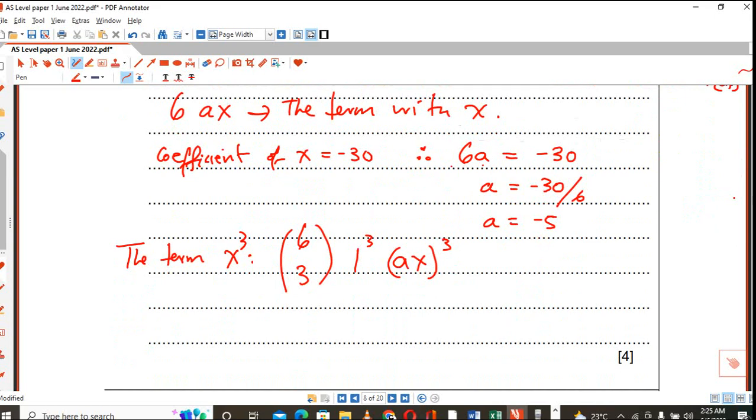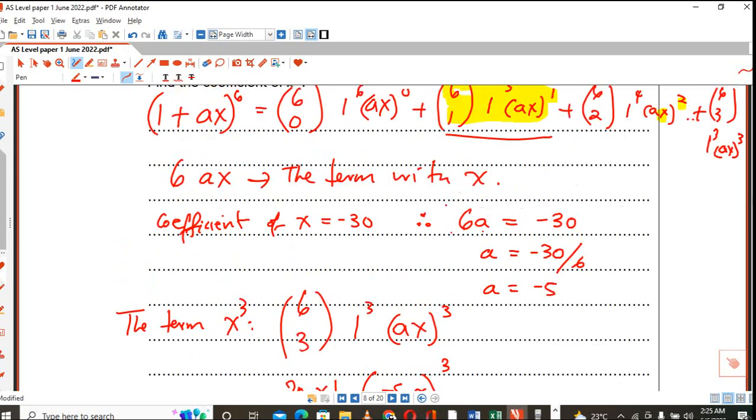Okay, so where does this all leave us? We can actually calculate. So this is 20, that is 1, and we know that a is minus 5, x cubed. So eventually it will be minus 2,500 x cubed.